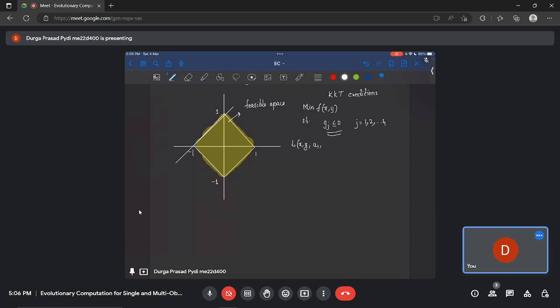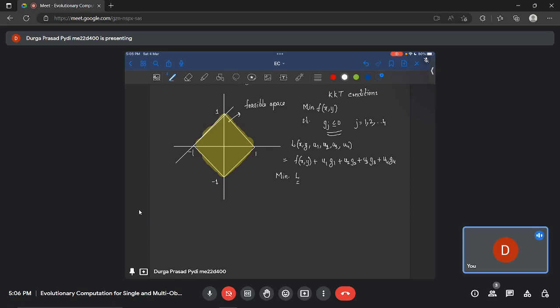Say we have 4 constraints, so let's say u1, u2, u3 and u4, and we define this function like this: f of x comma y plus u1 times g1 plus u2 times g2, and so on. If we formulate the problem in this way, what we are essentially trying to say now is minimize L.